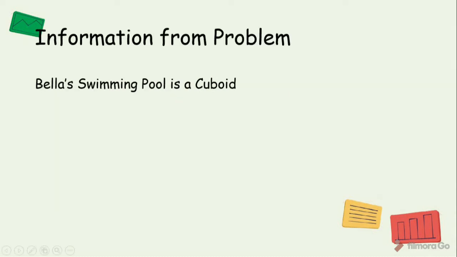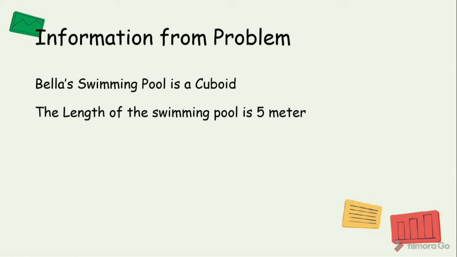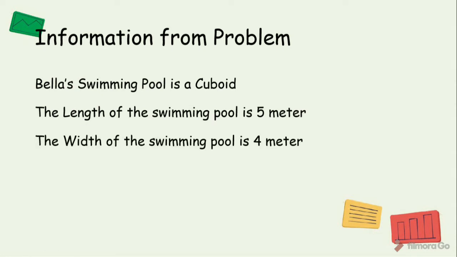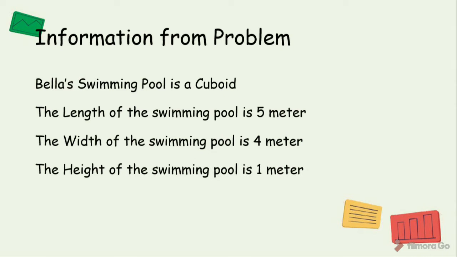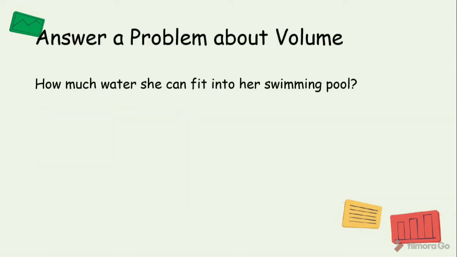Let's start. As is known in the question, Bella's swimming pool is a cuboid. The swimming pool has 5 meters of length, 4 meters of width, and 1 meter of height. Bella wants to know how much water she can fit into her swimming pool. If we refer to the amount of water, we will automatically use the volume formula, right?